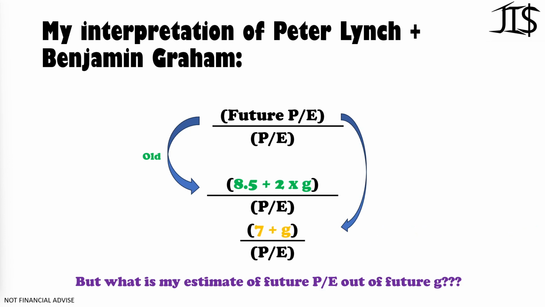Or with the new formula of Benjamin Graham, you can change out the future PE by the formula of 7 plus G.